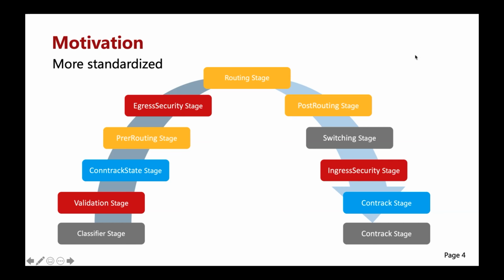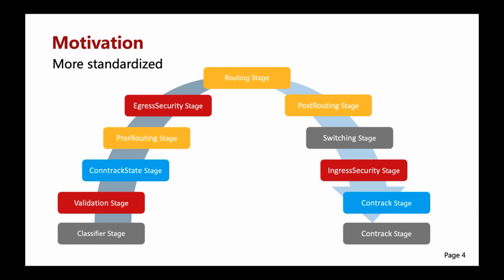The yellow ones are related to routing, such as SNet, DNet, routing decision. The blue stages are related to contract. The gray ones are related to layer 2 forwarding. First, what's a stage? A stage may have one or multiple tables.